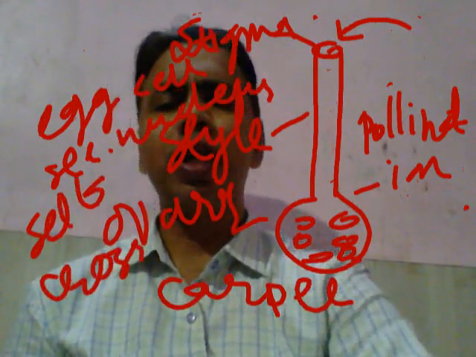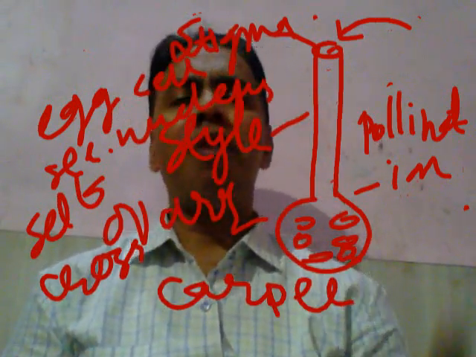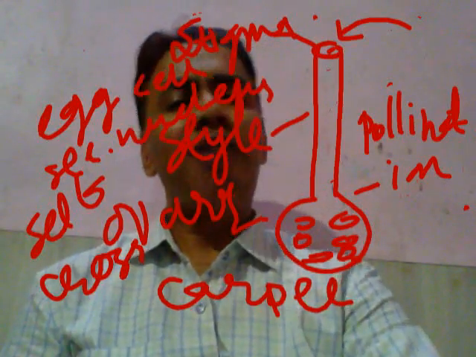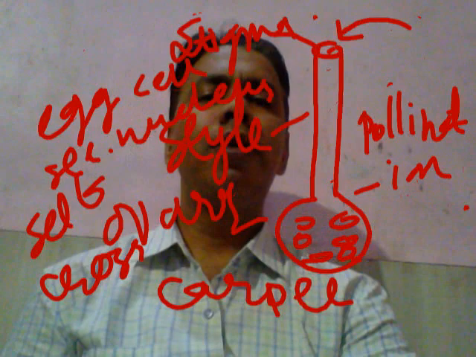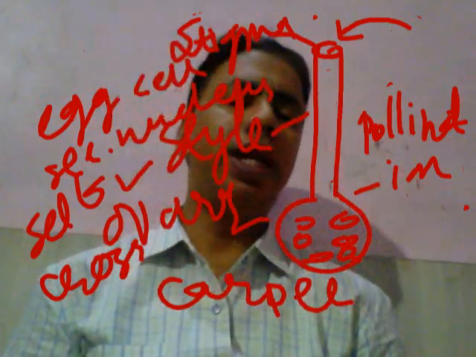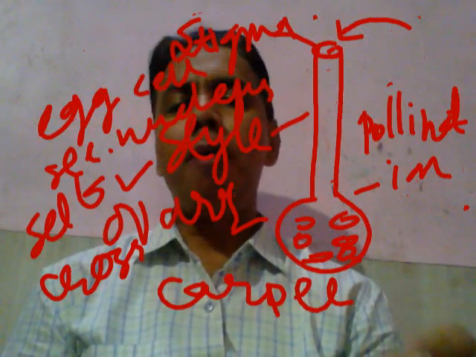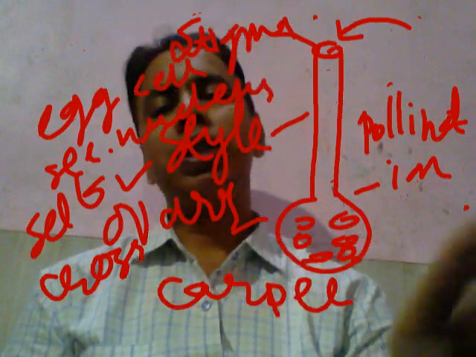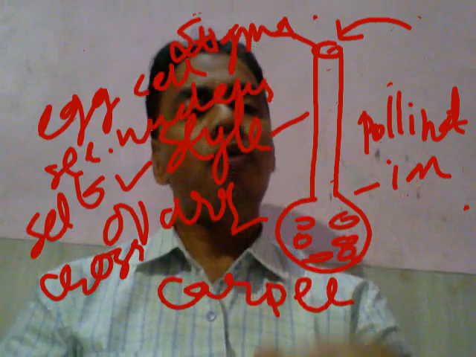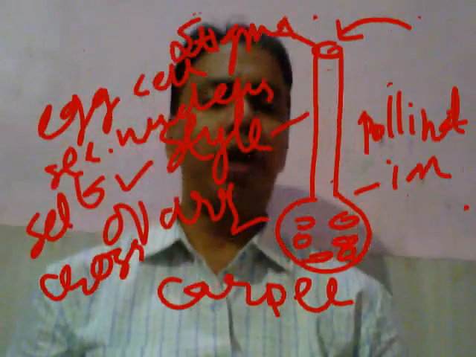What is the meaning of self and cross-pollination? A plant has a number of flowers. If there is a transfer of pollen grain from the anther to the stigma within one flower, or from one flower to other flowers of the same plant, then it is self-pollination.